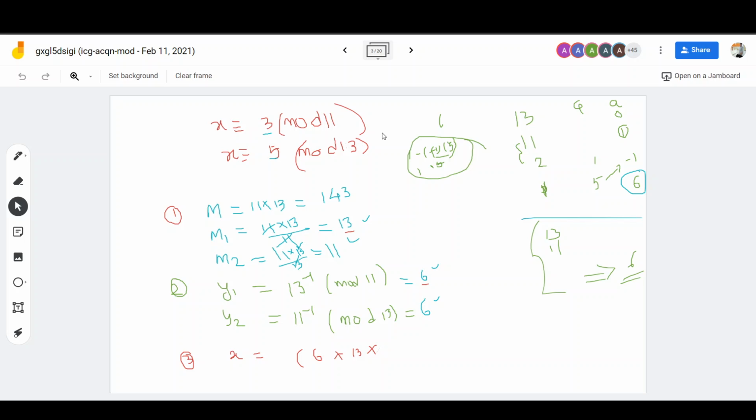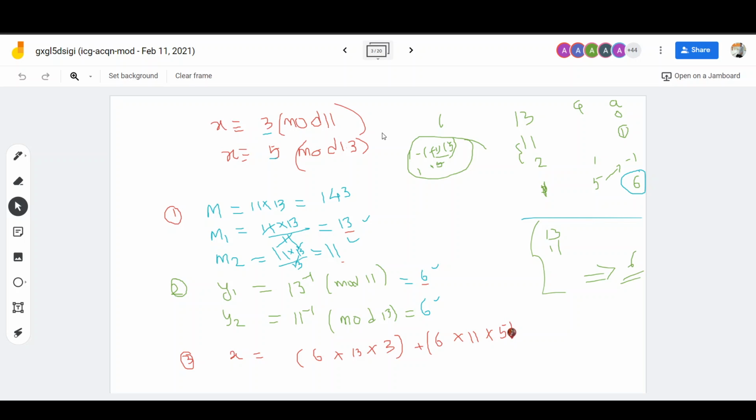So 3 is our first, x1 value. This is m1 value. This is y1 value. So I am multiplying all these, plus. Next, what is there? 5. Or here 6. Multiply. Here 11. Multiply. Here 5.